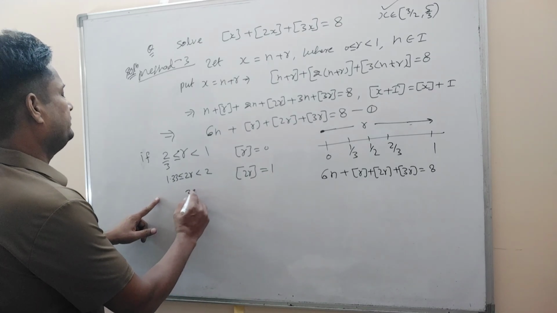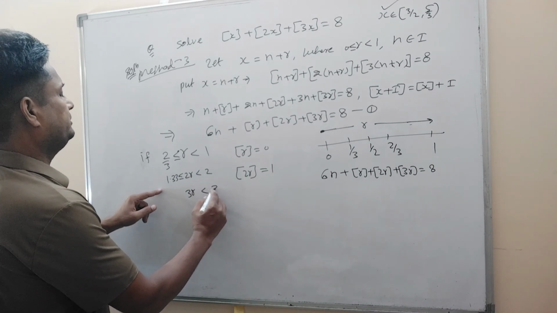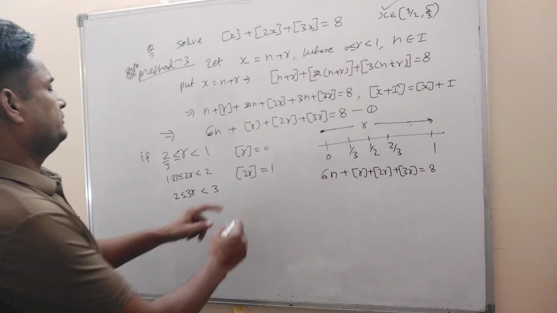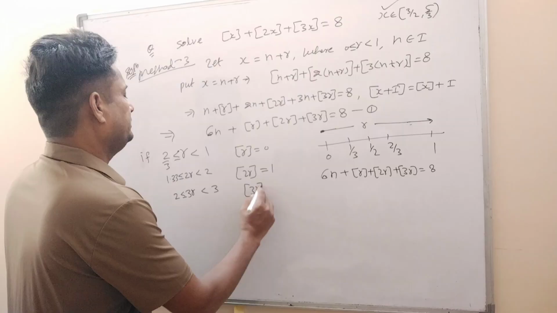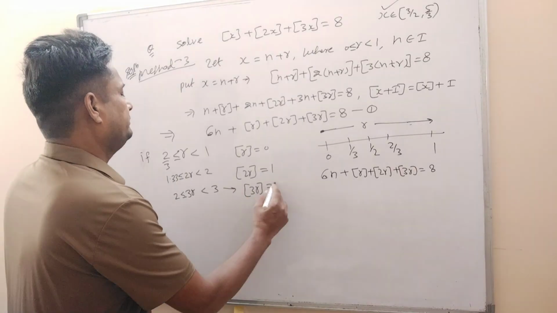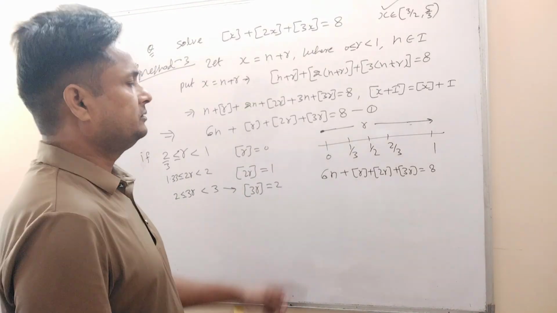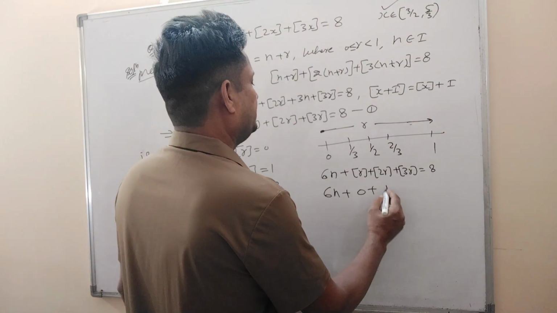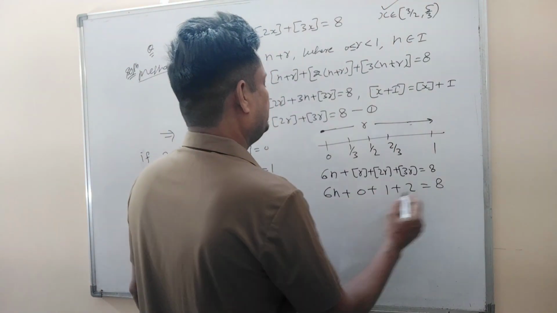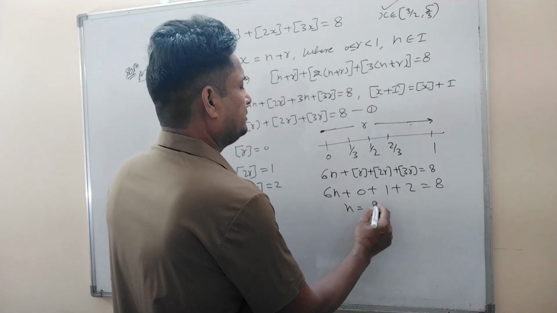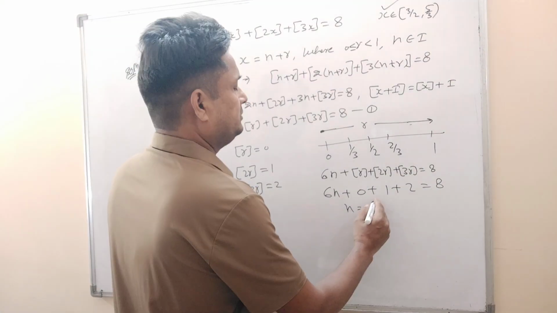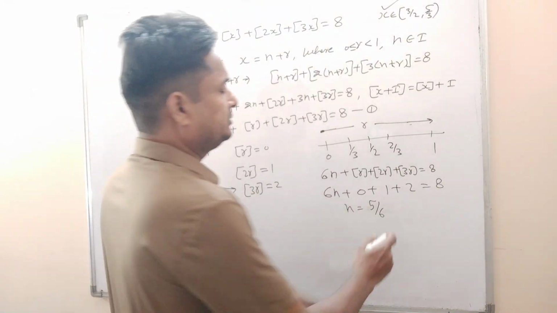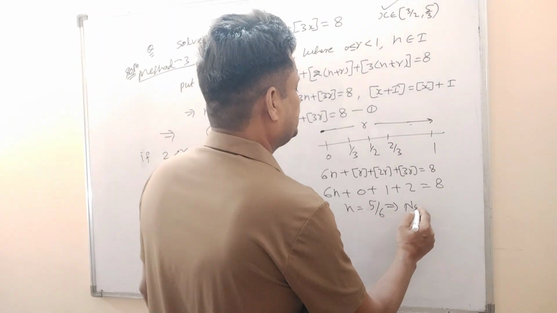Now 3r will be 2 to 3, so the greatest integer of 3r will give you 2. Now substitute here: 6n plus 0 plus 1 plus 2 is equal to 8. That means n is equal to 5/6. This is also a fractional number, so no solution.